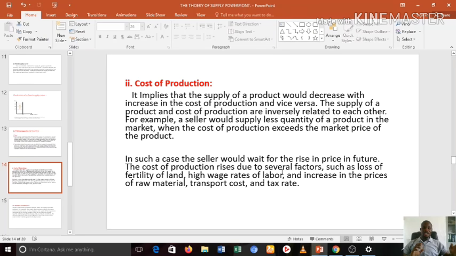So definitely she is not going to supply. So generally supply will fall. But when the supplier realizes that the cost of production is lower than the selling price of the good, meaning that the selling price is higher than the cost of production, it indicates what? A profit. Meaning that when she supplies, she is going to do what? Supply more in the market. So that's how you explain the concept.